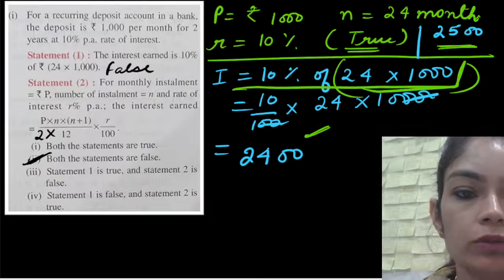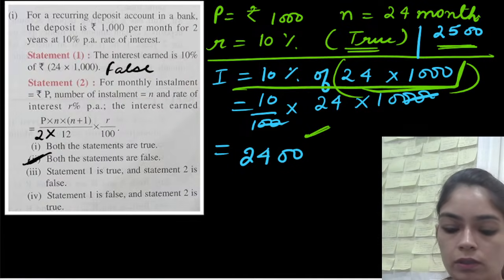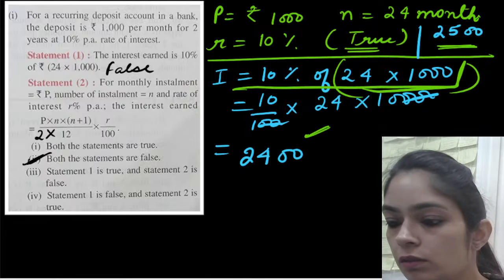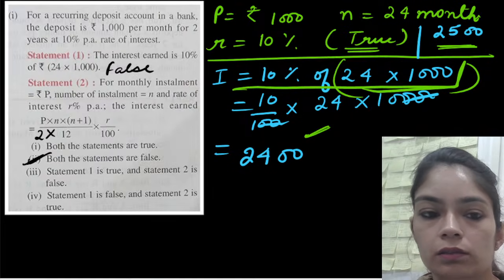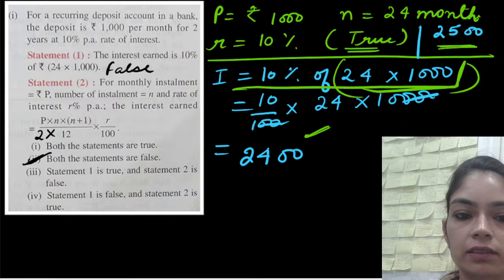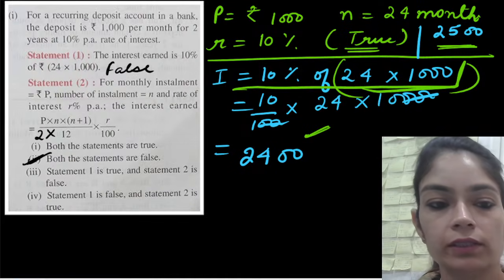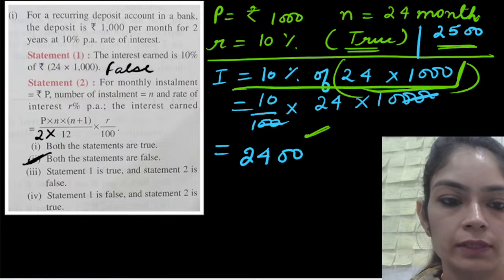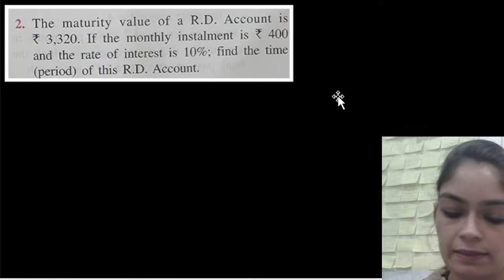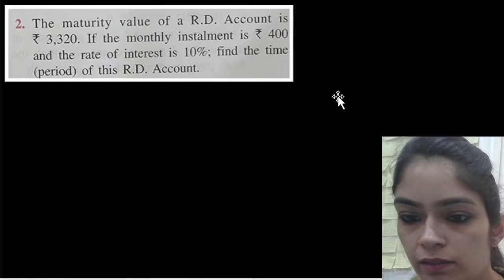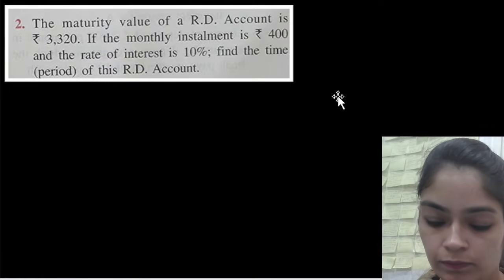Yes, so MCQs and assertion reason based questions are finished. Anyone, any doubt? I think one more question of this exercise we can do. If anyone has any doubt, you can just tell me, or let's start with the question now. Question number 2 of this exercise. Because we still have 5 minutes, I think we can do one question.